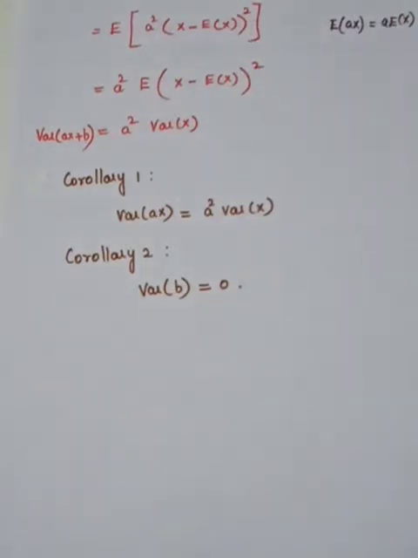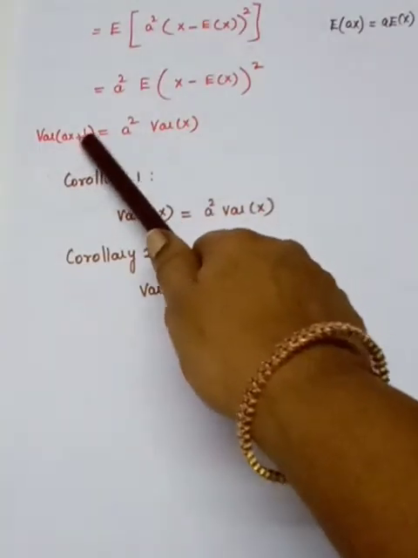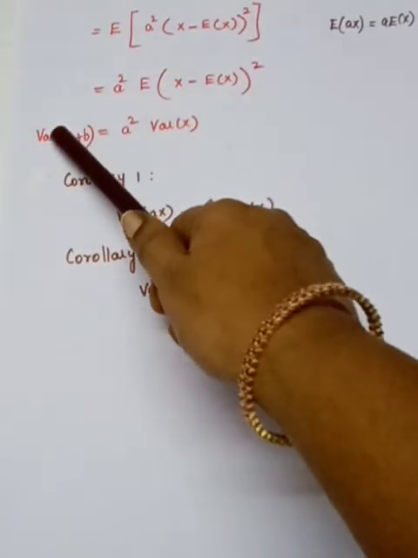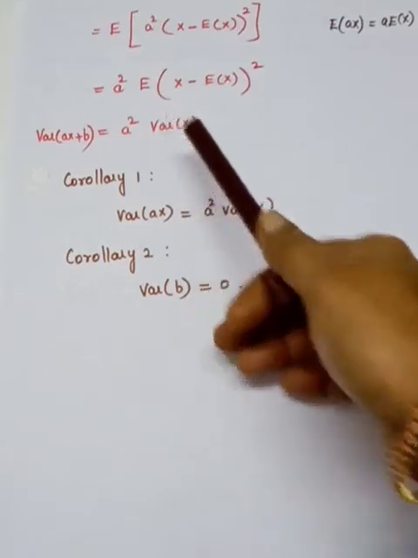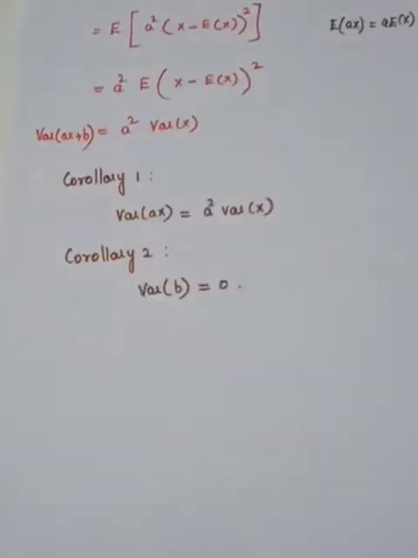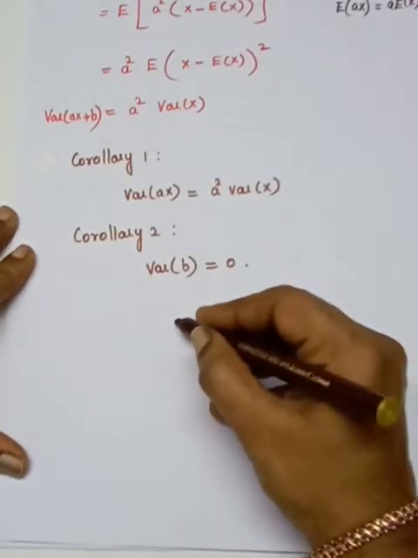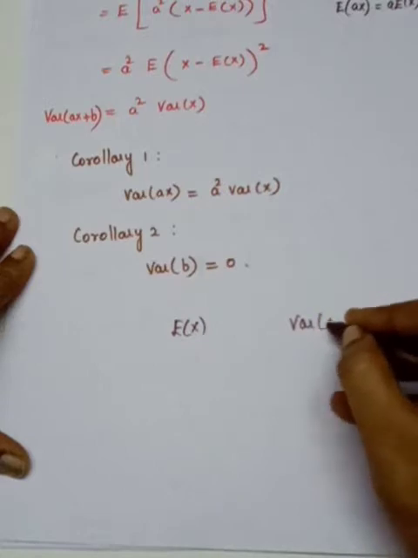See now, variance of ax alone: b is 0, so it is a squared variance of x. Variance of b: if the ax term is 0, meaning a becomes 0, then variance of b is equal to 0. Now here I am going to write E of x, and here I am going to write variance of x.